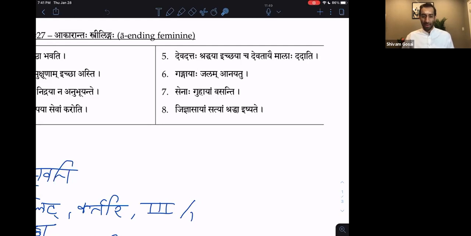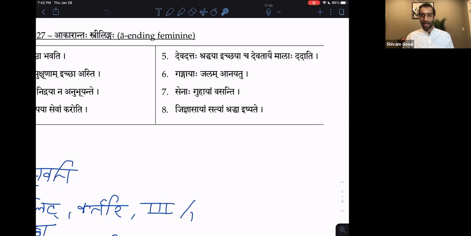He gives what? Malaha. So Devadatta gives Malaha. Really, Mala can give something else too, right? Because this also can be the first case. Mala, Male, Malaha.